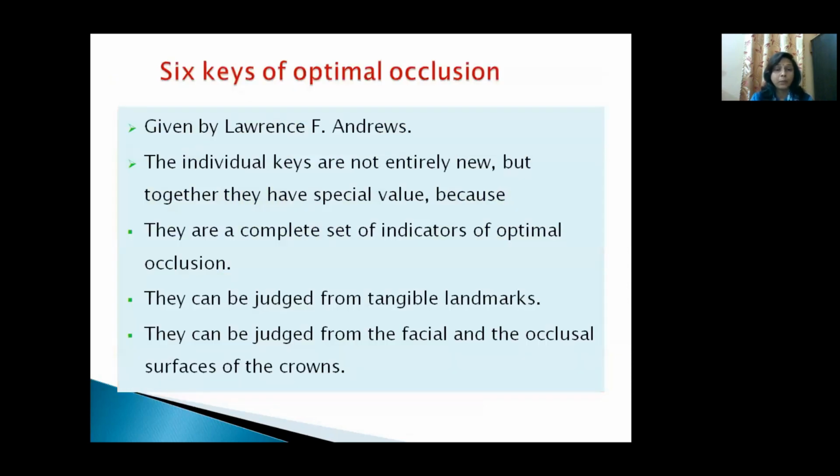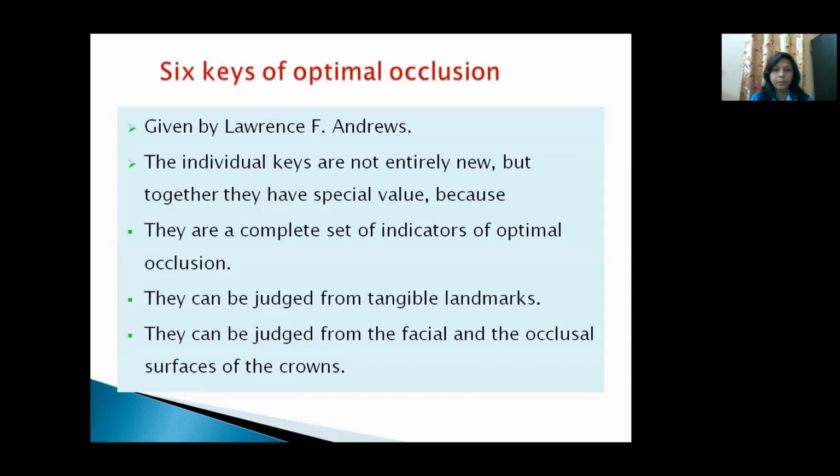Then coming to the 6 keys of optimal occlusion, which were given by Andrews, and these keys will be dealt with in detail in another video. The individual keys are not entirely new, but together they have special value.